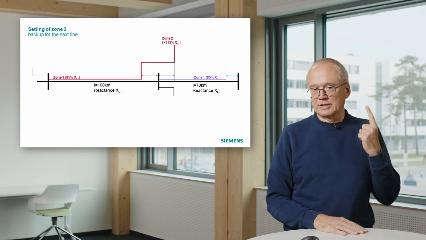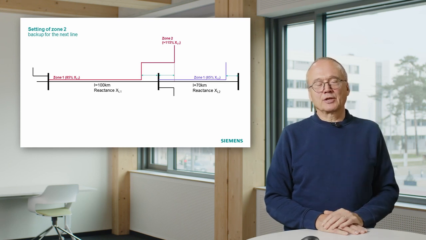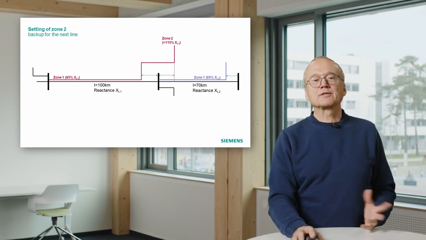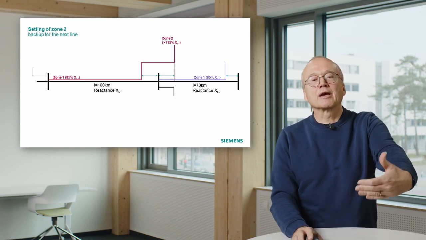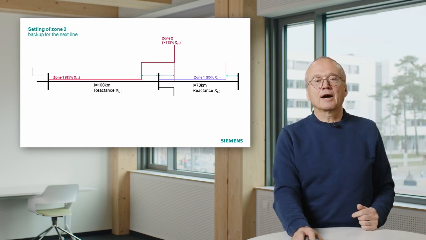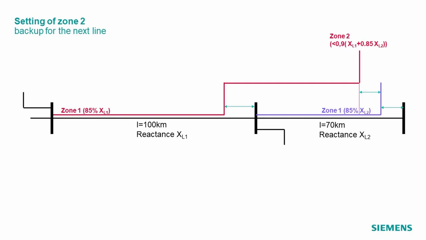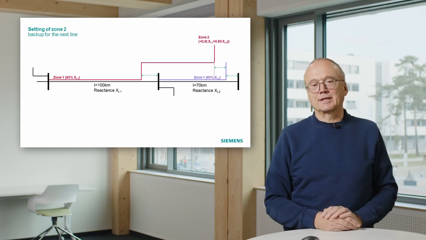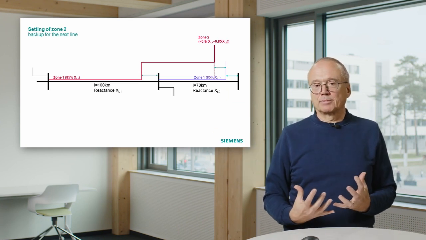And at that point, you could have the idea, oh, why don't we extend zone 2? Let's make zone 2 longer, then we have backup for a higher part of the line. And that is what you normally do with the zone 2. You make zone 2 long enough so that it covers as much as possible of the next line as a backup.